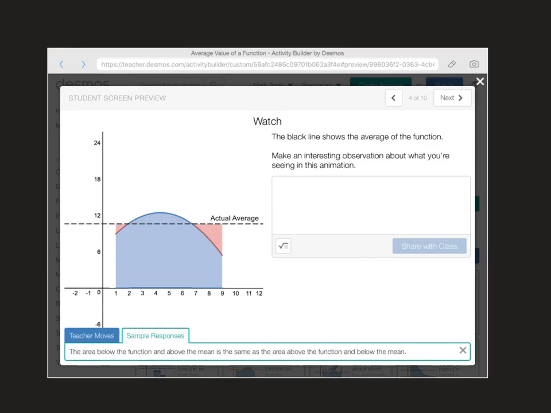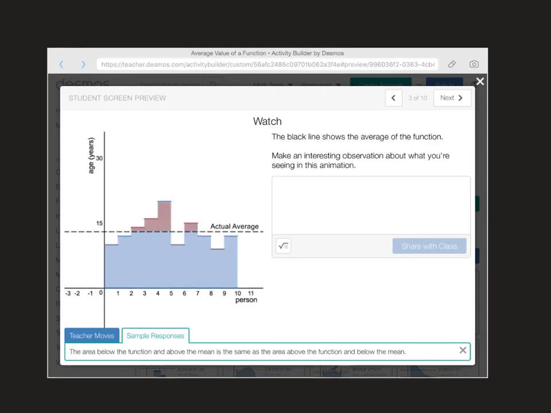So let me just go back. Let's have a look at this one. You can see that there are some areas where the function starts out with area above, like that. And then if you slowly drop it down, it levels off to a line, and it is our average value for the function.